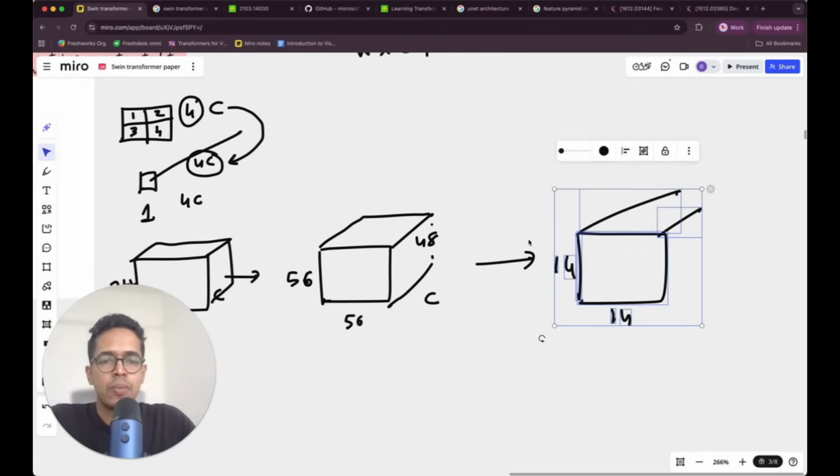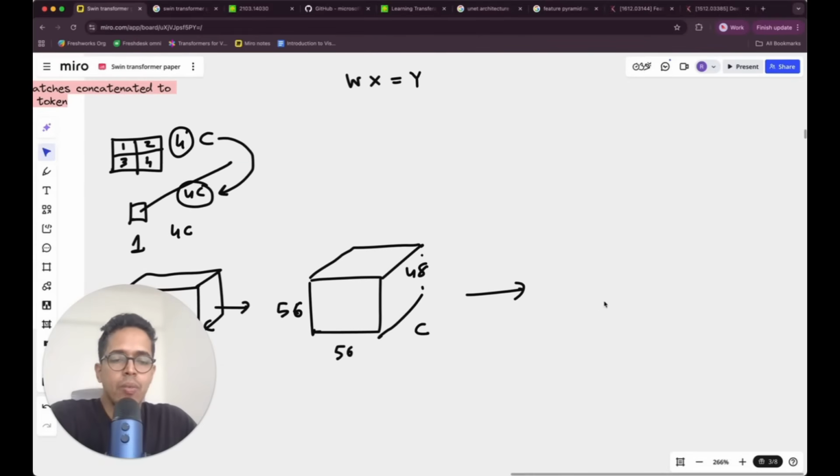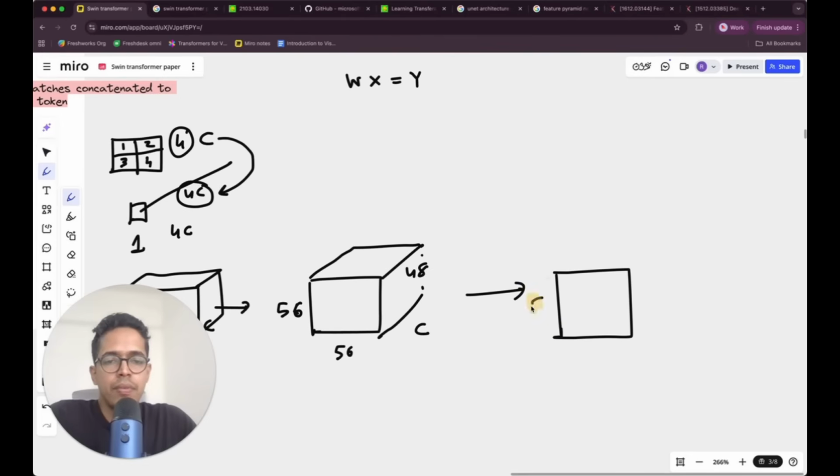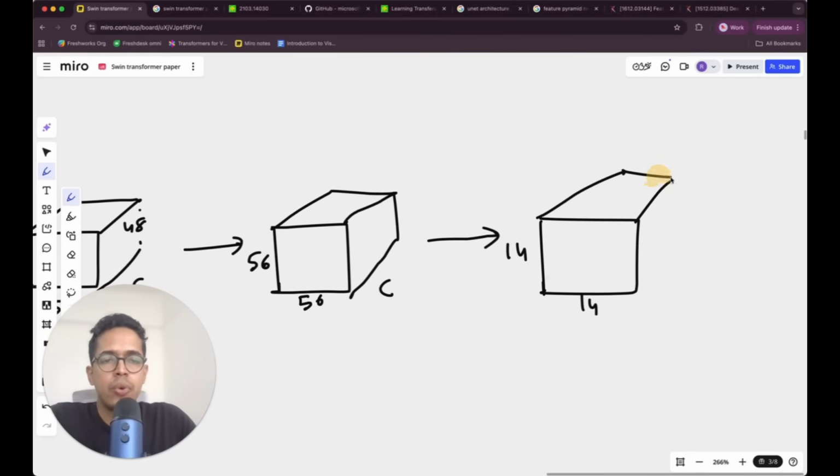One more thing was done was, this 56 by 56 by 48 was projected linearly to become 56 by 56 by C, where the number of dimensions for each patch was C. Then what was done after the first transformer stage is, 56 by 56 will become 14 by 14 and C will become 4C.